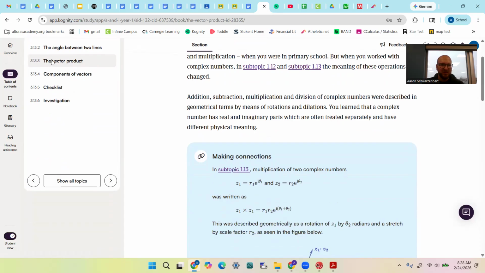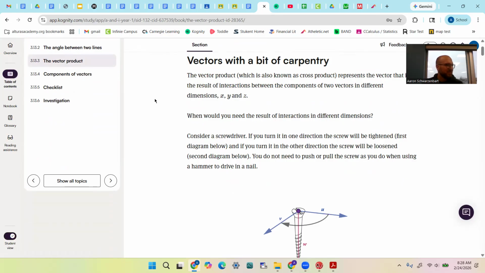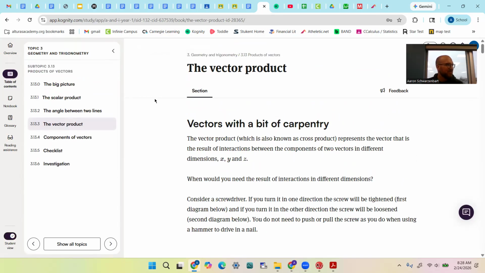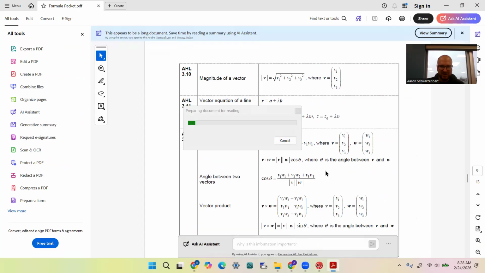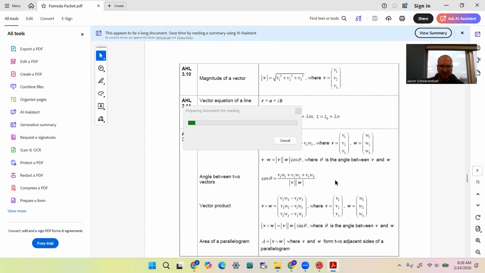Whenever it loads, we'll do a couple examples with it. No, the scalar product, hold on. Yes, that's the vector product.